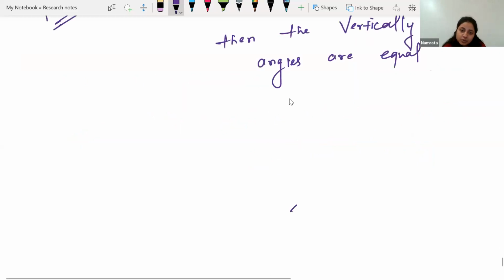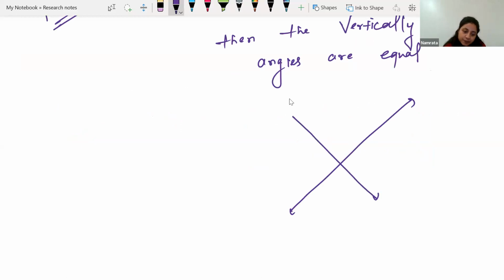So when we are having two intersecting lines, let's say here we are having A, here we are having B. There is a line AB and there is a line CD over here. We have to show that this angle and this angle are same. Let's say the point of intersection is O, and we also have to show that this angle and this angle are same. Okay.